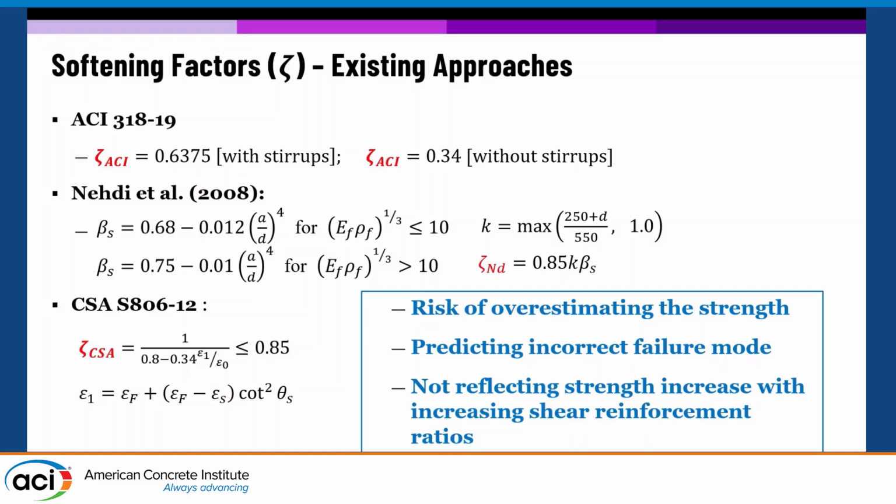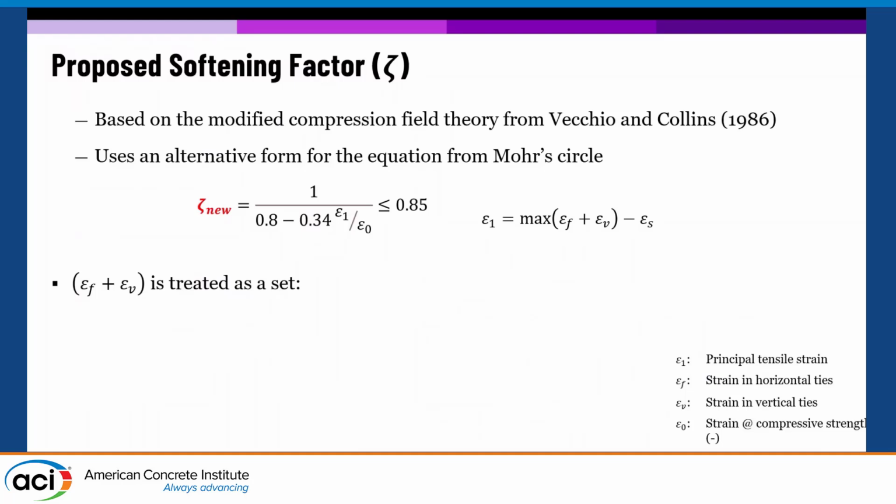So what we proposed is to use modified compression field theory, but because we are programming this whole procedure, a different formula calculates epsilon 1 from strains in other directions, and this epsilon f, I will show this in a second, plus epsilon v is treated as a set.